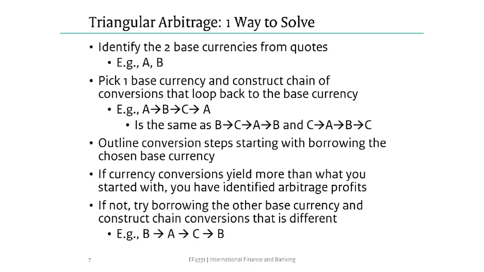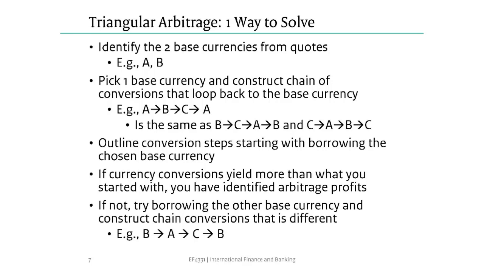If it doesn't, then try the other route with a different base currency, a different sequence. So there's basically only two cases to check: two base currencies. If one route doesn't work, try the other base currency, but change the order. And if nothing works, then nothing works. The market is efficient. That's what it means. In this case, these two bullet points are exactly doing the steps I just outlined.